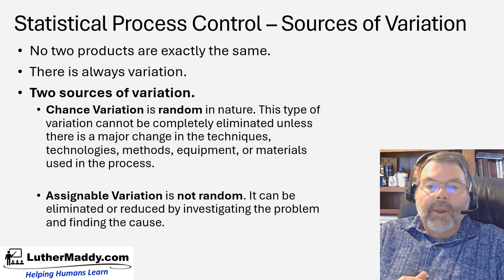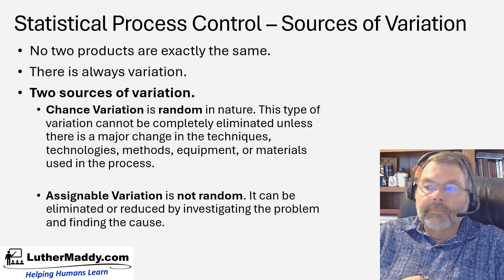But if it's a non-random variation that's causing an error, we want to look at that further to see if we can find out what it is and make changes. Maybe we just have to adjust a machine. Maybe we have to make sure our employees take more breaks or get better training. So we can have random and non-random sources of variation.